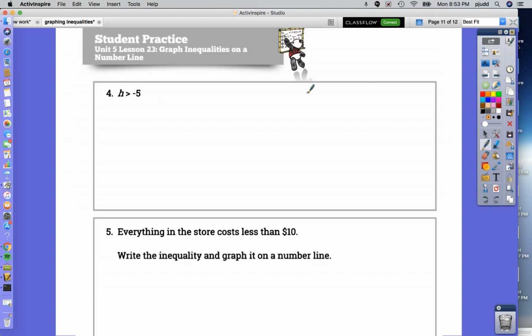Let's take a look at 4. I have h is greater than -5.